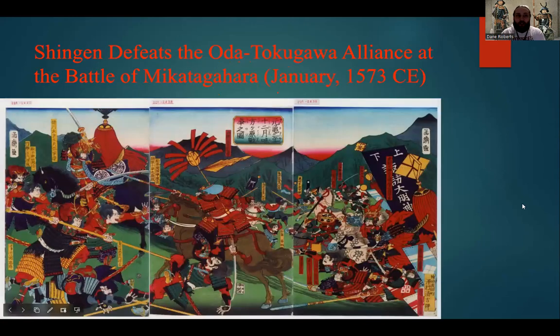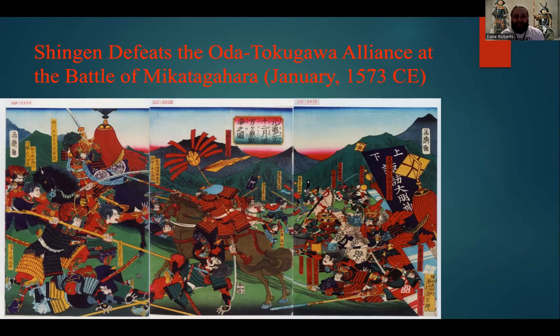And this would lead the Oda Tokugawa alliance to invade the Takeda clan territory and battle Takeda Shingen at the Battle of Mitakahara in January of 1573 CE.